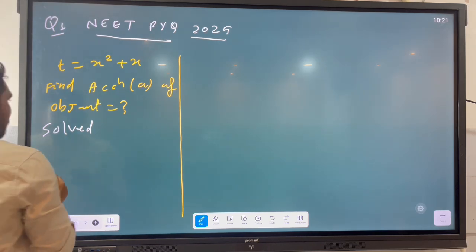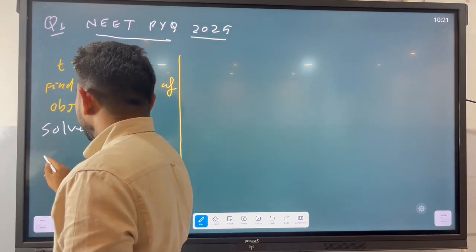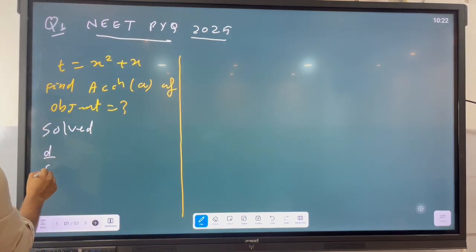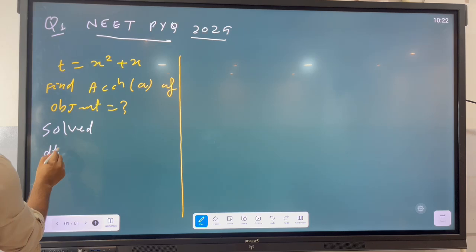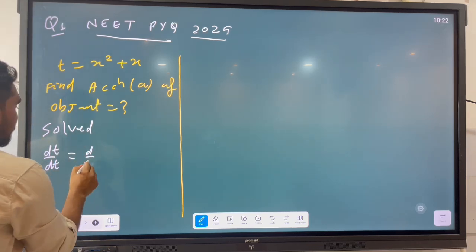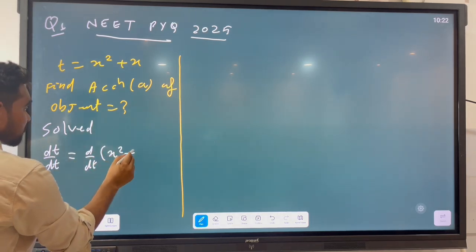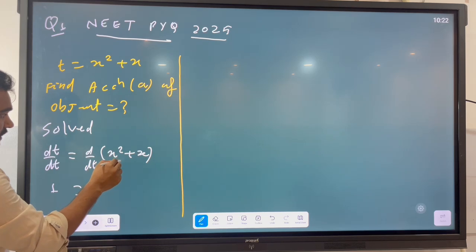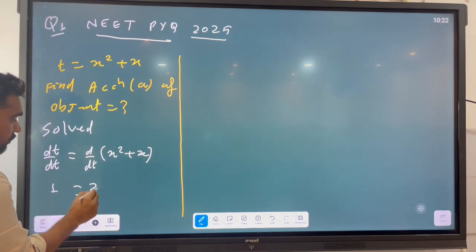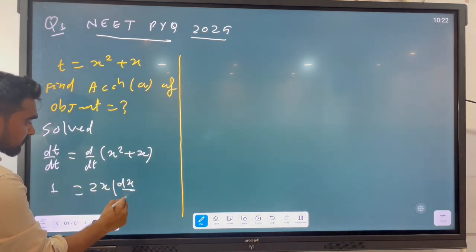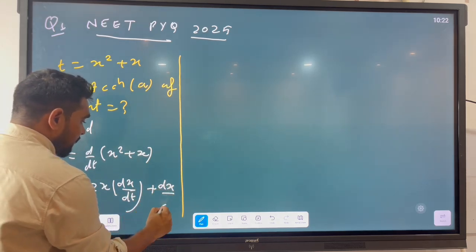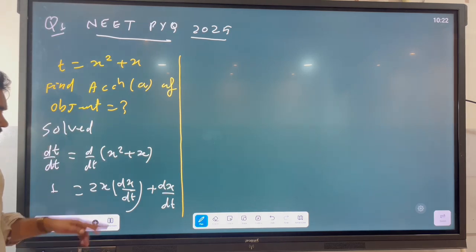Let us solve this problem. Differentiate both sides, dt divided by dt equals d by dt of x square plus x, right? Here it equals 1, and differentiating x square gives 2x dx divided by dt, plus dx divided by dt, right.